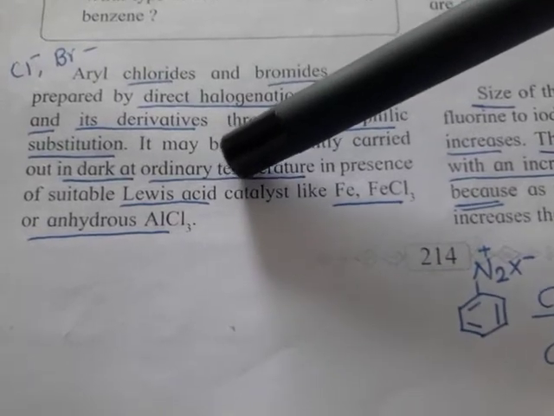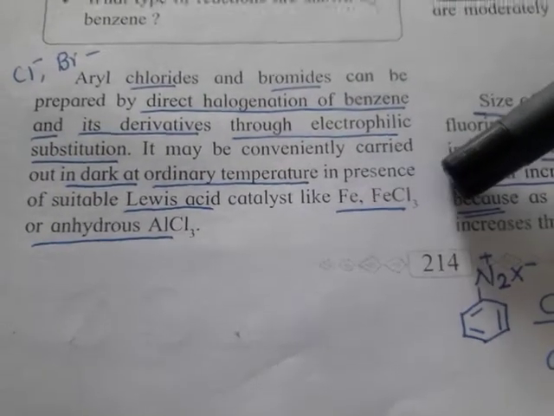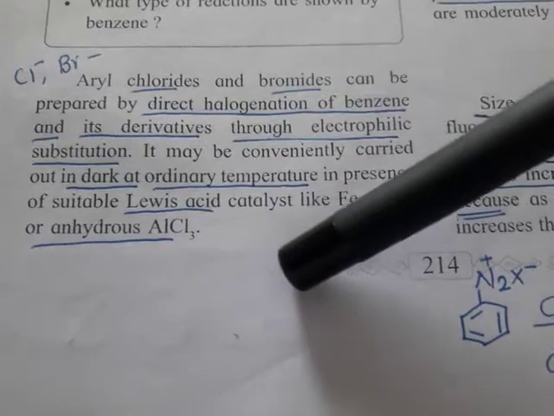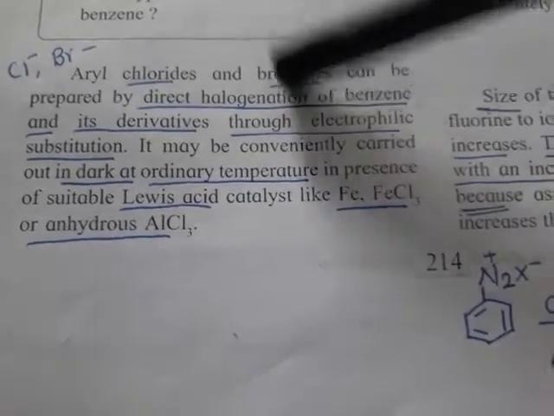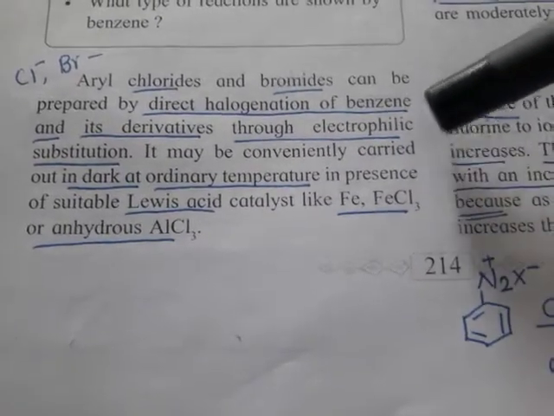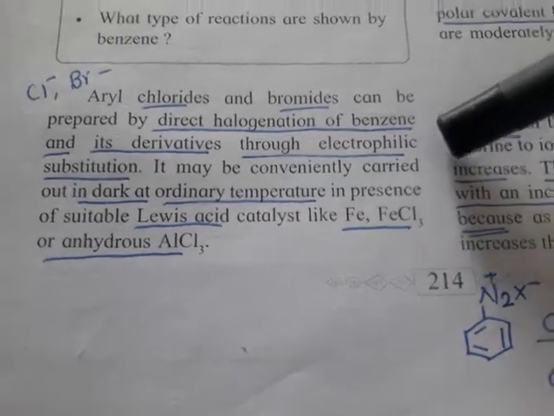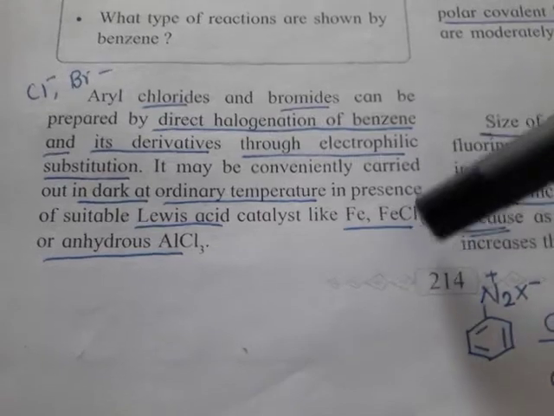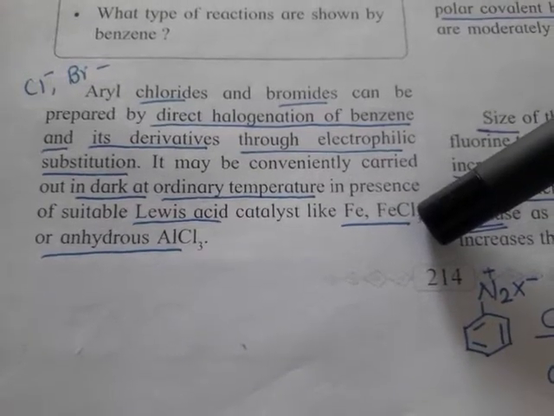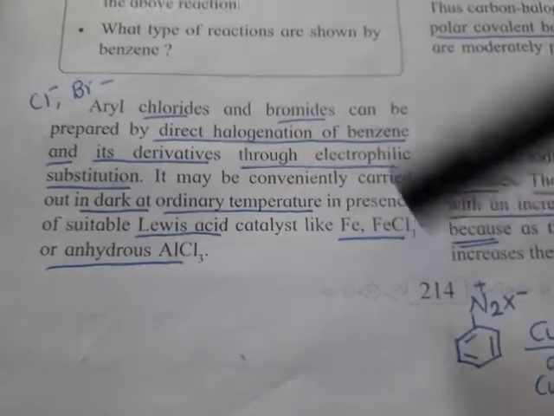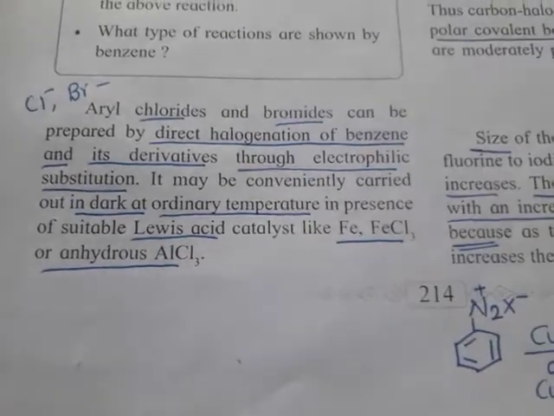Catalyst used is Lewis acid like Fe metal, FeCl3 or anhydrous AlCl3. Means in short, benzene or its derivative when react with Cl2 or Br2 in dark condition in presence of Lewis acid, readily we get aryl chlorides or bromides.